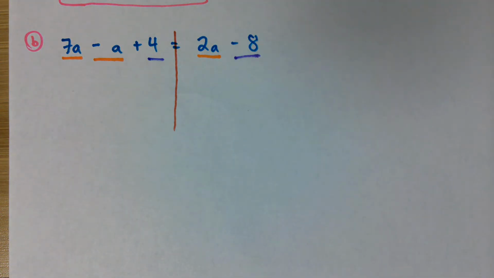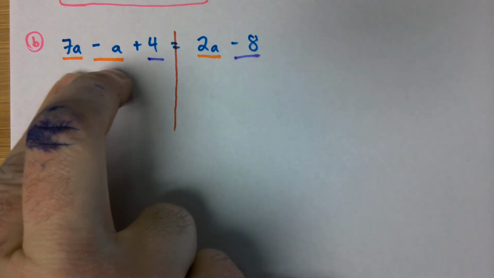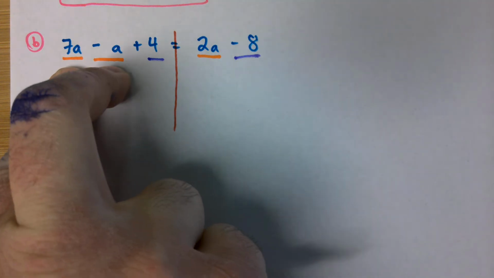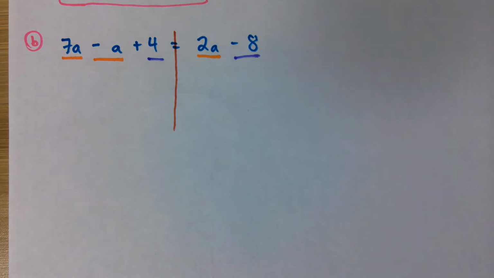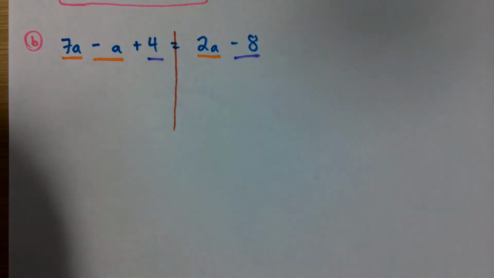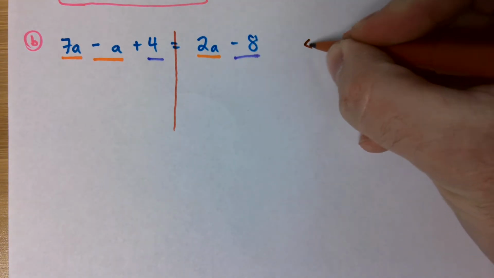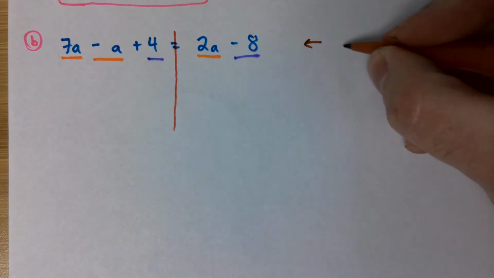So this problem is a little bit different. Now we have 5 terms to deal with instead of 4. Luckily for us, we learned 7.1b yesterday, and we talked about how to combine like terms on the same side of an equation first. So we're going to have to do that here. Off to the side, let's write a note.